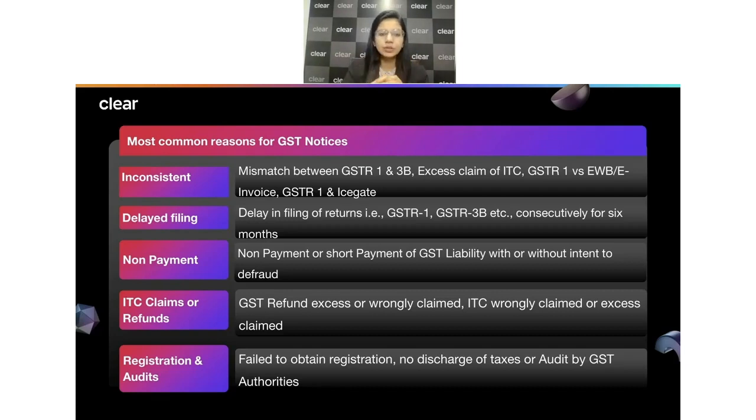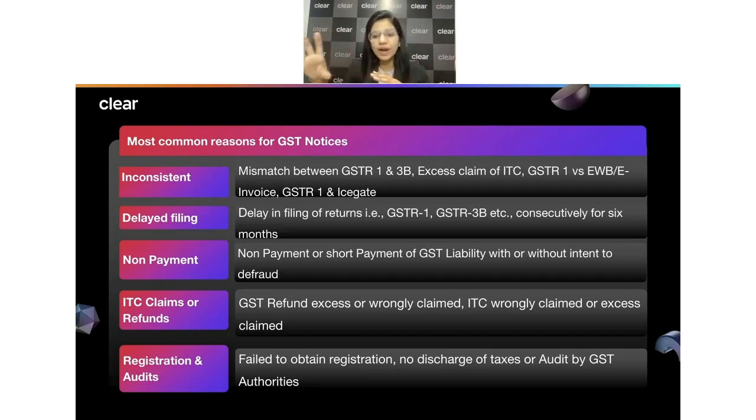One particular example could be reverse charge liability. If there's a reverse charge liability where the recipient is liable to pay the taxes, I'm going to show that in my GST 1: I will be showing the taxable value and the tax amount too.